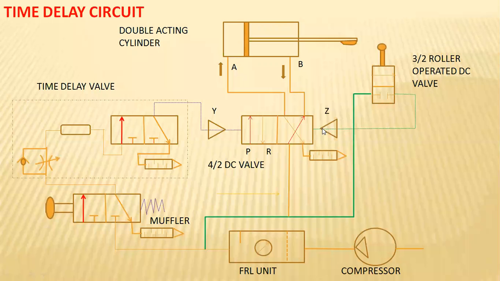When the pressure has entered here, the second position of the main DCV will come into force, and the compressed air will enter the B side and commence the return direction, and the already entered compressed air will be released towards the atmosphere. So here there is a time gap that takes place instead of entering the first channel.